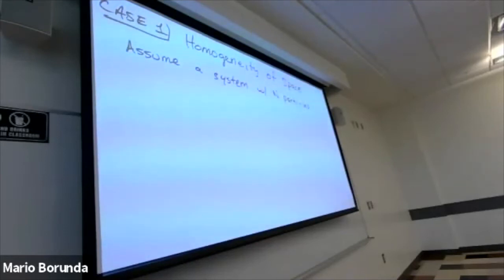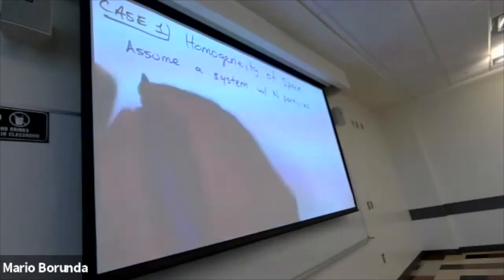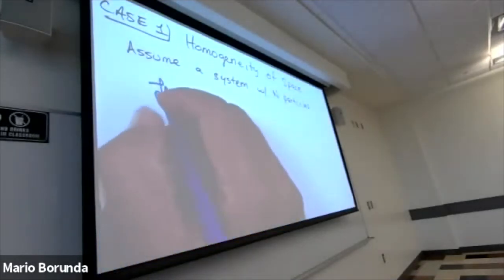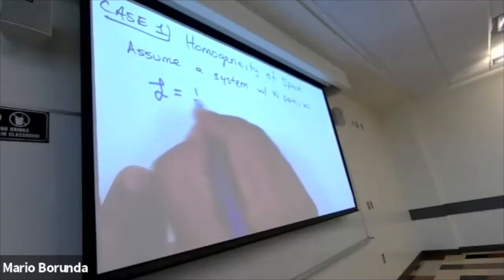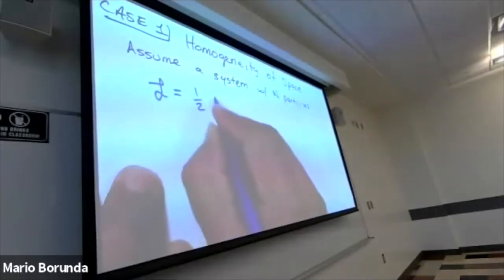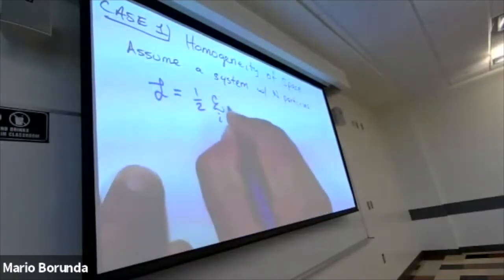Same everywhere, exactly. So what we're going to do is assume a system of n particles, and they interact through a potential. So we can write the Lagrangian, pretty easy thing to do, right?